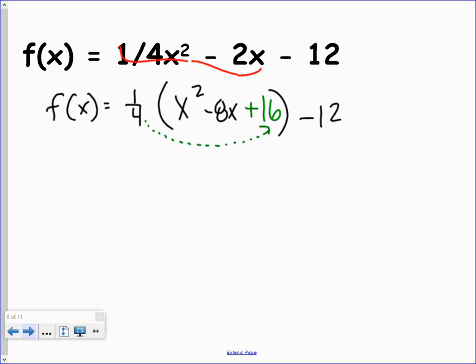1/4 times 16. You really added 1/4 times 16. Oh. You really just added 4. So now to keep your balance, you got to think about, I added 4, now I'm going to subtract only 4 instead of 16.